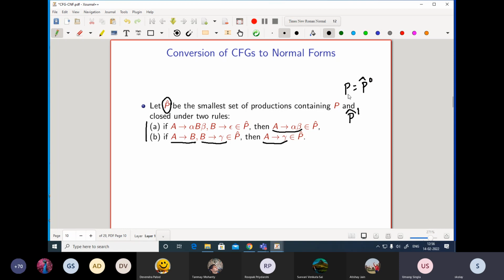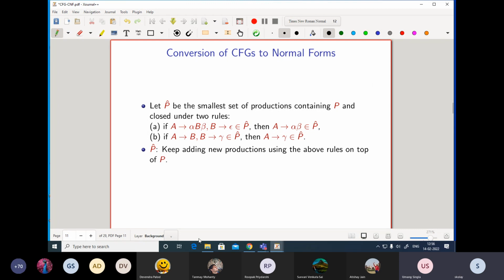Then from P I added some new things, I got P hat 1. Now in P hat 1 again I will try to find such pairs, and I'm going to build P hat 2. I keep doing this. At the end I will get P hat. So this will be the smallest set of productions that contains P and is closed under these two rules.